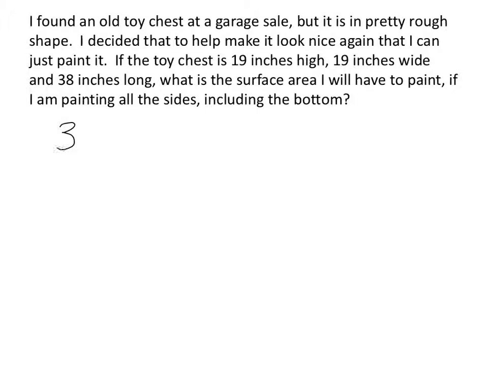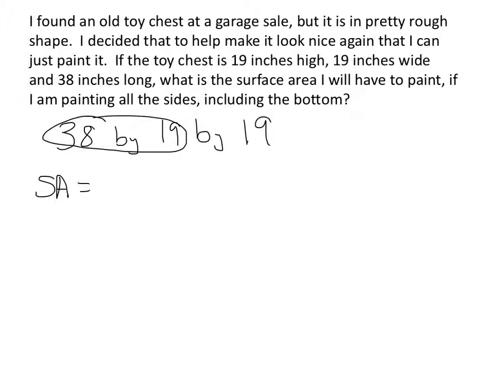So we have a 38 by 19 inch toy chest. I want to find its surface area. So the first ones I'm going to do are just the 38 and the 19.